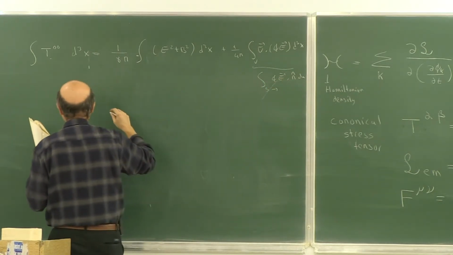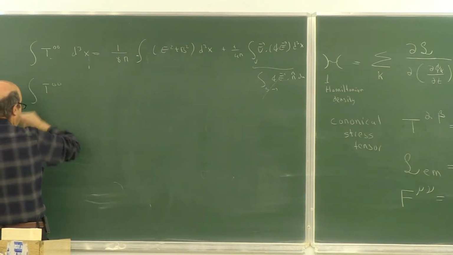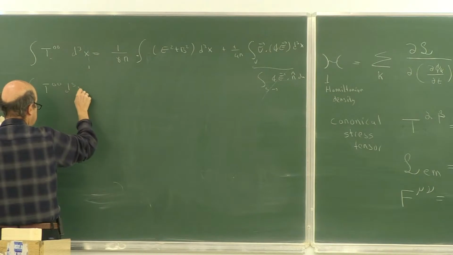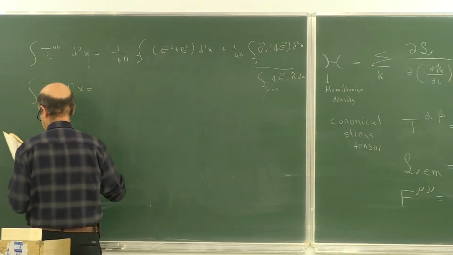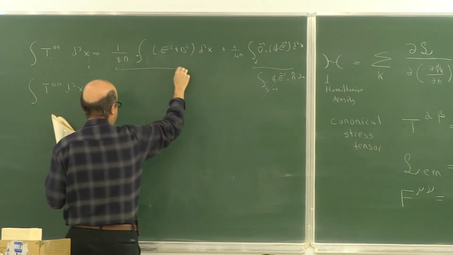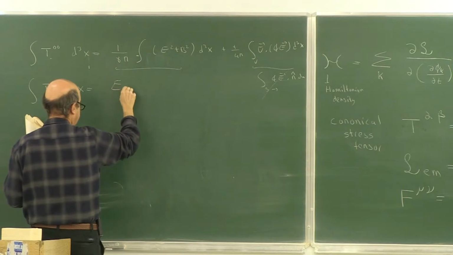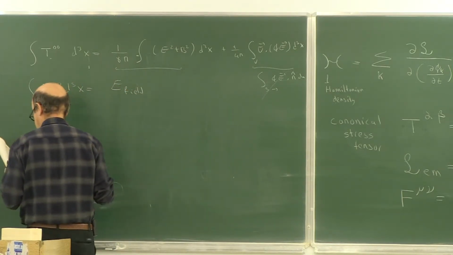So basically, the volume integral of T00 of the canonical stress tensor is nothing but the total energy of the field.